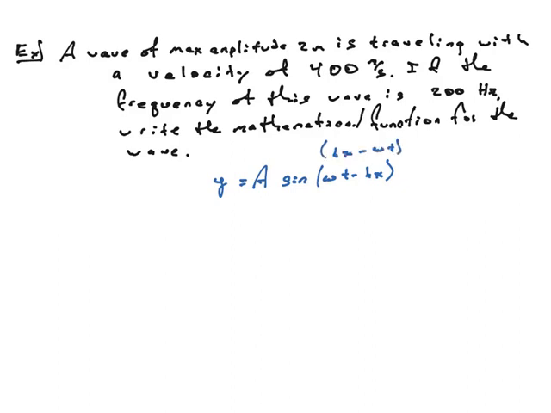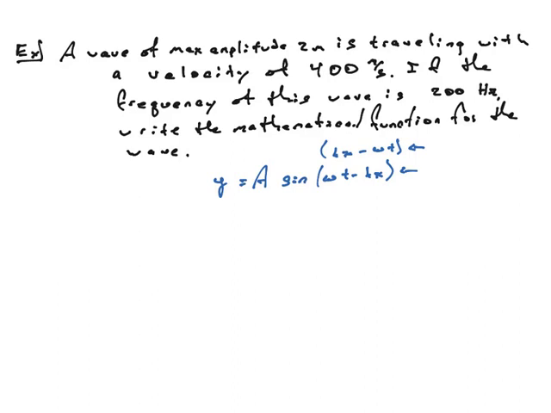I've had questions about which order, because if you look online, in textbooks, a lot of times it's omega t minus kx, and I've written kx minus omega t. Let me just say, either order you write it is right. It does not matter. For our purposes, you don't have to worry about it. You could do either omega t minus kx or kx minus omega t.